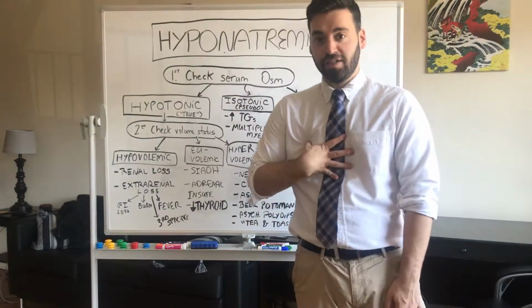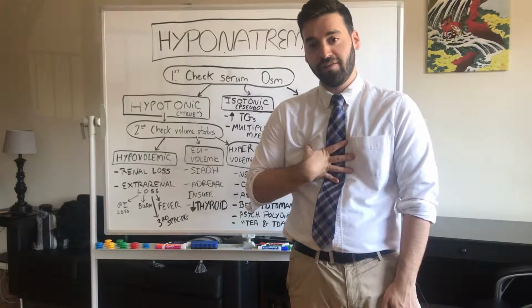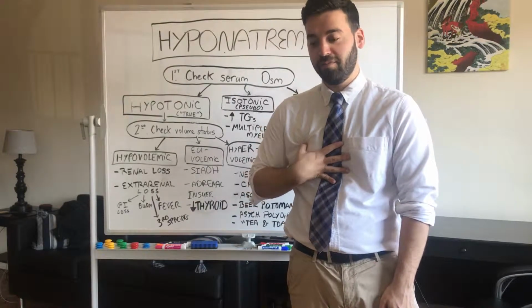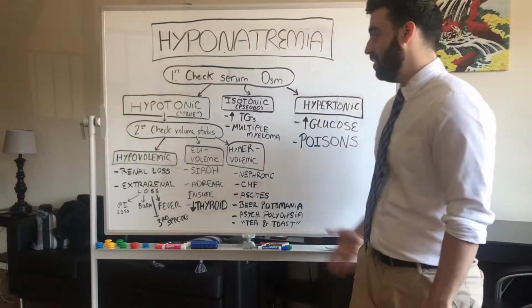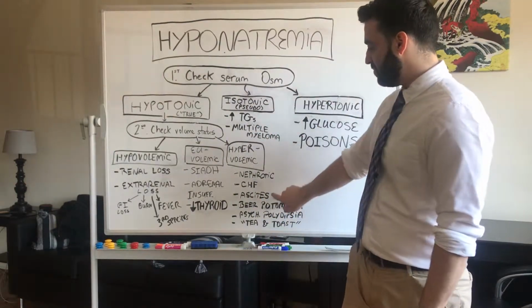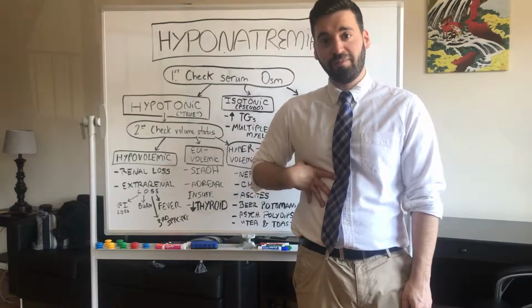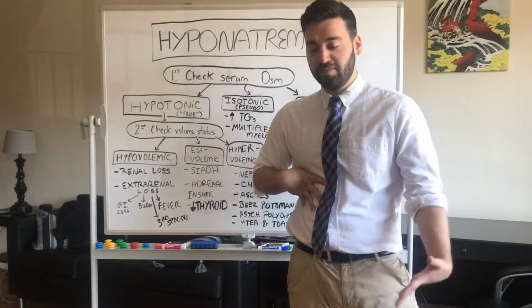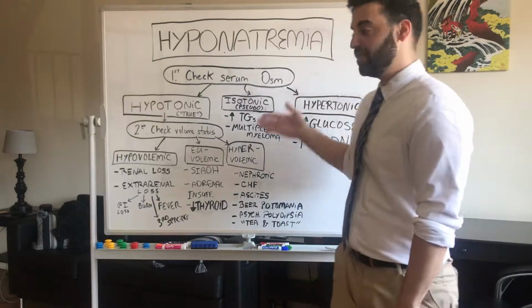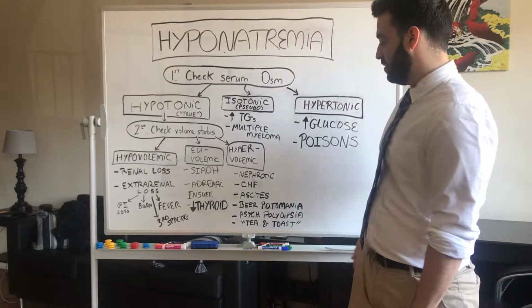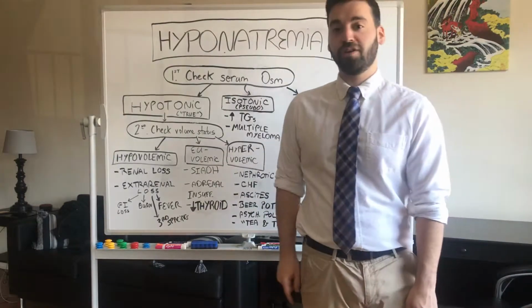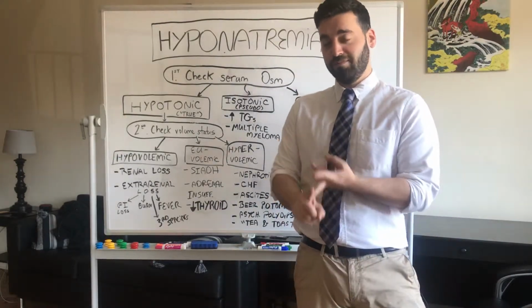CHF, where the heart is the cause, so they have congestive heart failure, and their heart isn't able to pump adequate blood throughout their body, and they're getting fluid overloaded, leading to hyponatremia. Or ascites, where they have portal hypertension or something wrong with their liver that's causing them to hold on to fluid and lose sodium and become hyponatremic. So these are the big three. And don't forget, with nephrotic syndrome, your major causes of that are diabetes and multiple myeloma.